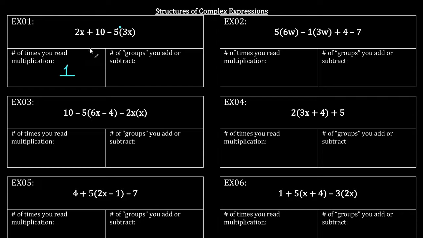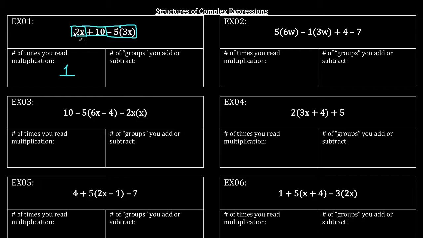Now this next one, the number of groups that we're going to add or subtract. So if we think about it, we have 2x. And then we add 10. And then we take away 5 times 3x.